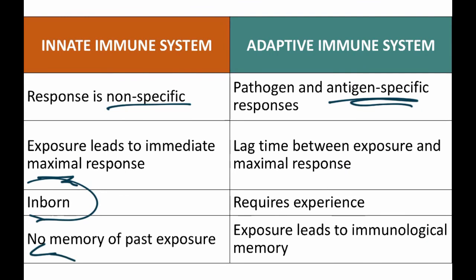So you're not going to have a greater response the second time you get a splinter in your foot, for example. That's not true with the adaptive immune system. Exposure to antigens leads to immunological memory, which then leads to heightened response and more rapid response after a second exposure.